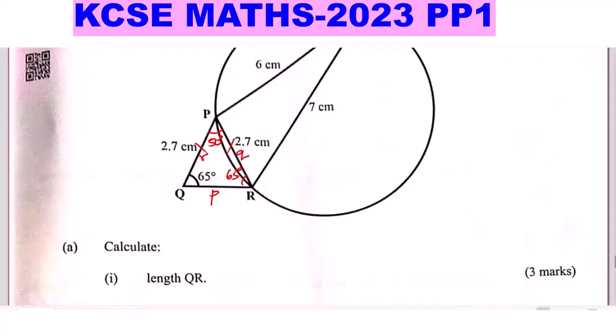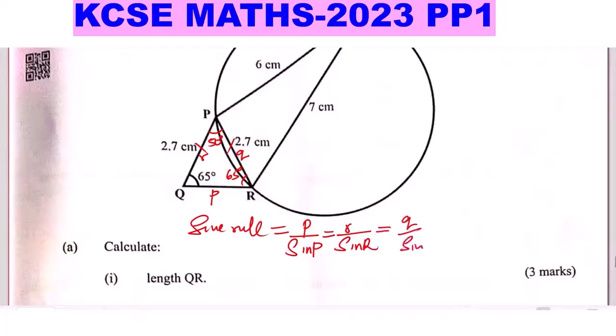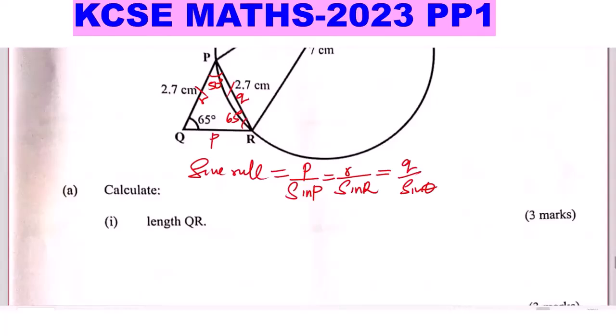The sine rule is p over sine of P is equal to r over sine of R is equal to q over sine of Q. QR is the side I have denoted with p. So I can pick this. That will help me in getting QR.